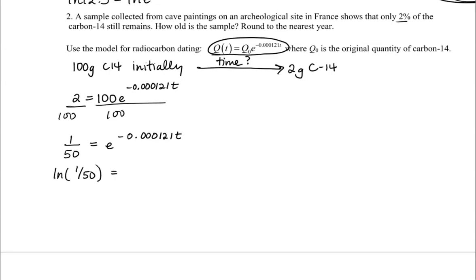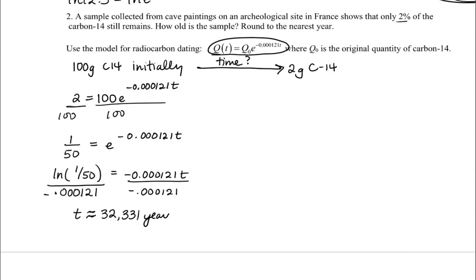The natural log on the right side cancels out the e and leaves only what is in the exponent. I'll write the exponent that's left. Then to finish solving for t, I divide both sides by that coefficient, giving that t is approximately 32,331 years.